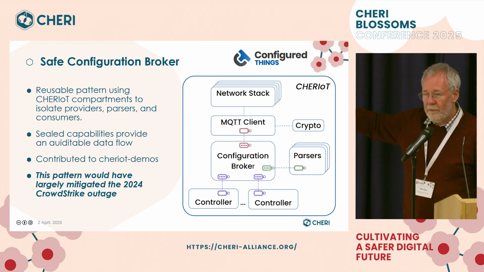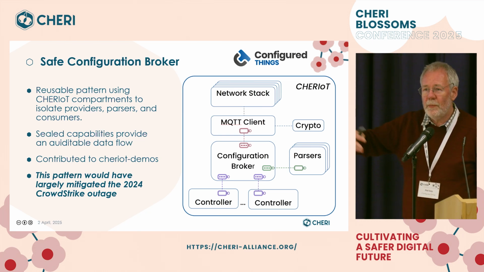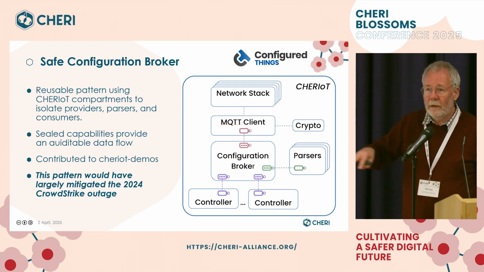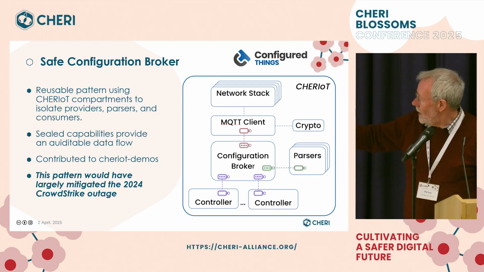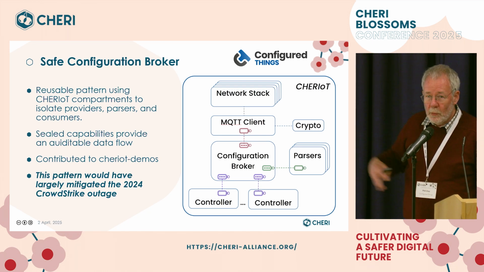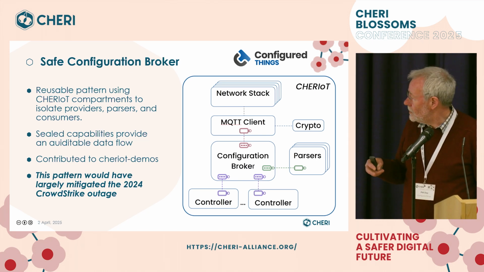Had this kind of pattern been used, and we're drawing from patterns that are proved at the boundaries to an organizational level and trying to make sure that the same thinking can go forwards, the worst that would have happened was the parser would have failed. They wouldn't have got their configuration change out, but we also wouldn't have had however many hundreds of billions of dollars of outage and impact it was.